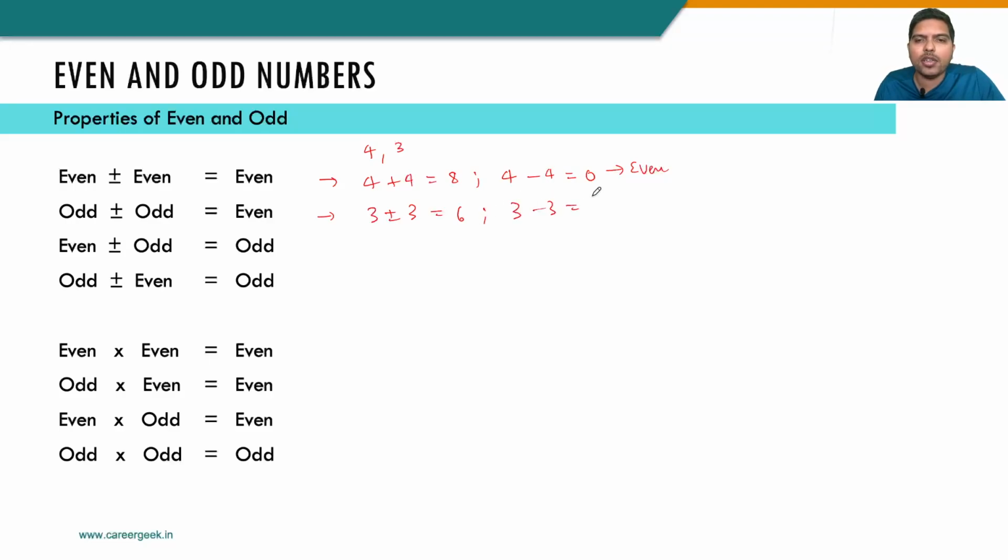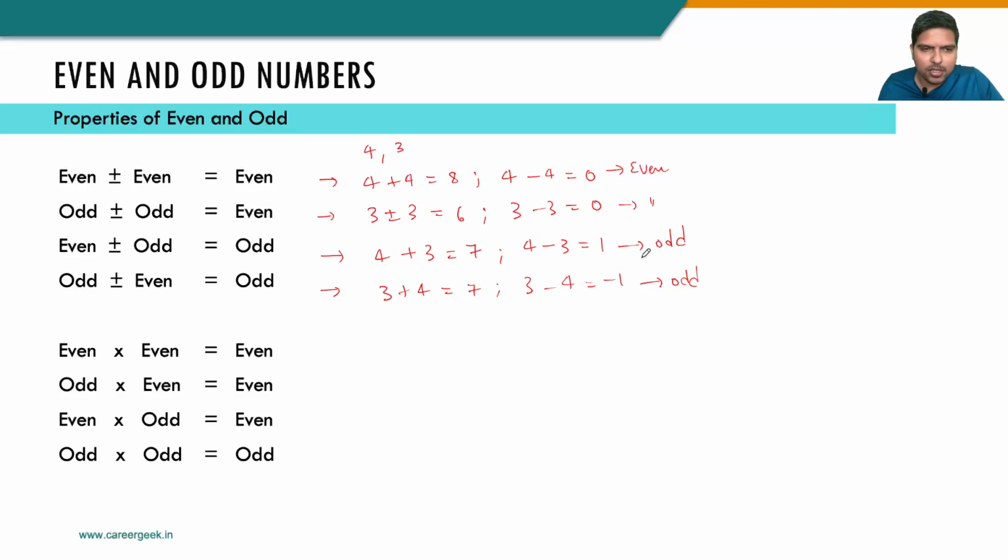Odd minus odd is also even. Now even plus odd or even minus odd is odd. Similarly, odd plus even or odd minus even, -1, is also odd.